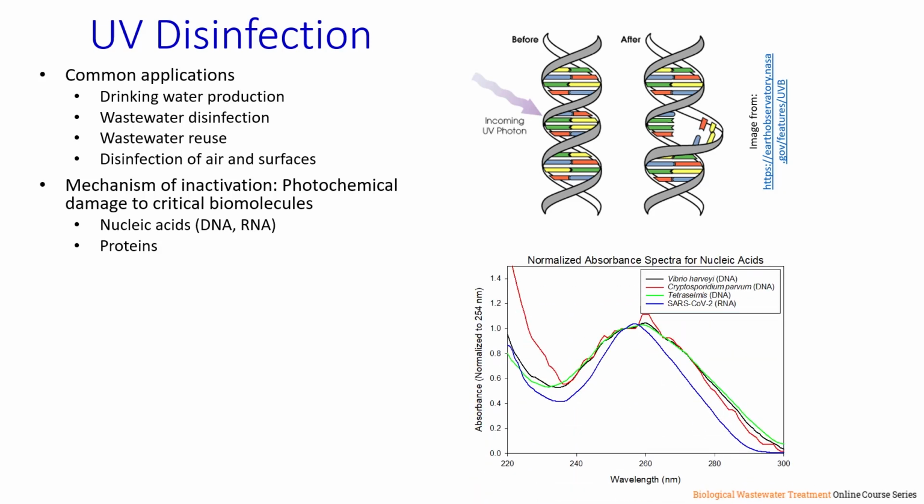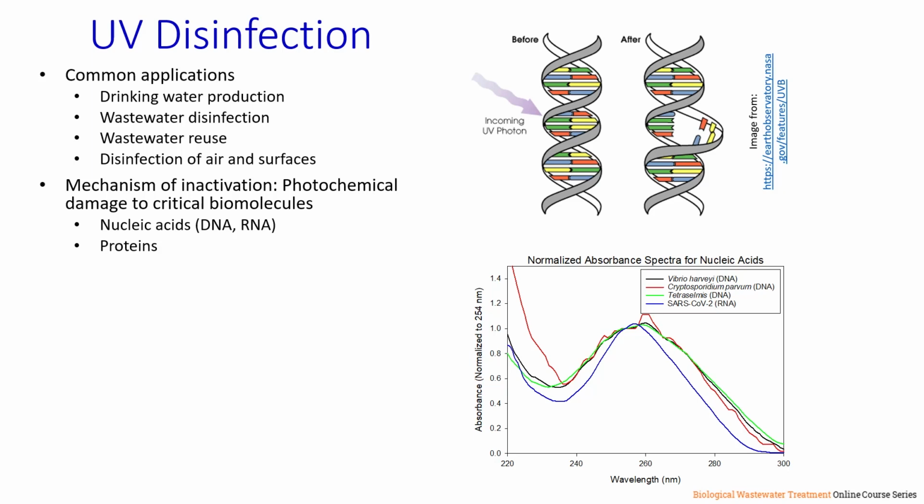The graph in the lower right illustrates measured absorbance spectra for nucleic acids that have been extracted from a bacterium, Vibrio harveyi, a protozoan parasite illustrated by the red line, Cryptosporidium parvum, an algal culture, Tetraselmis, indicated by the green line, and SARS-CoV-2, the virus that's responsible for COVID-19, by the blue line.